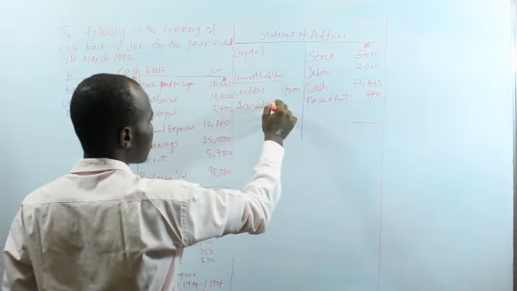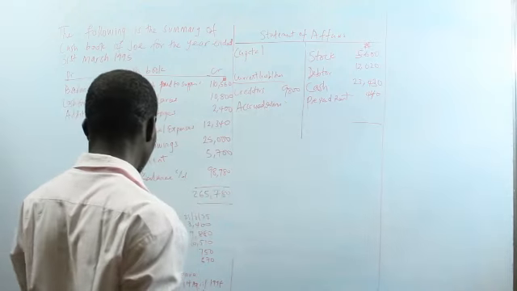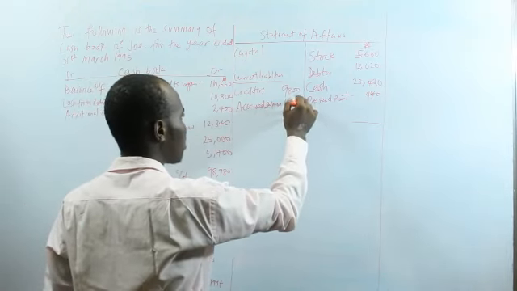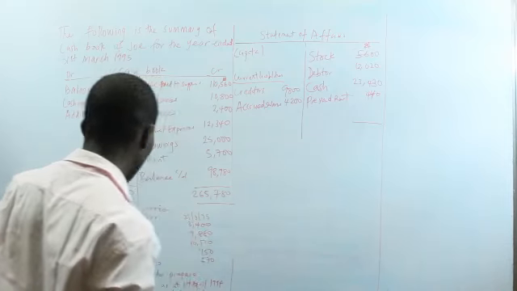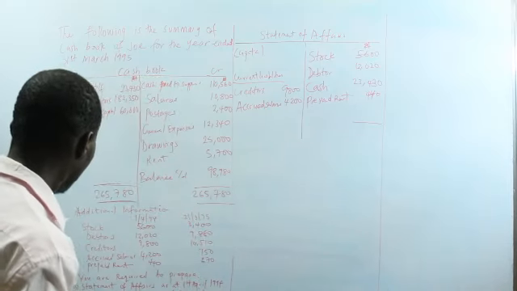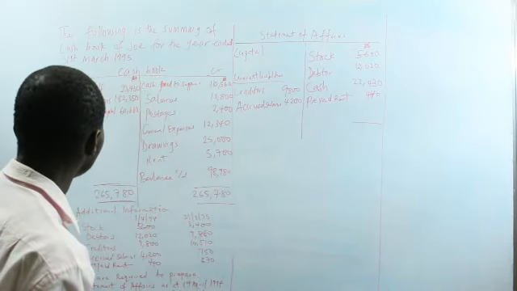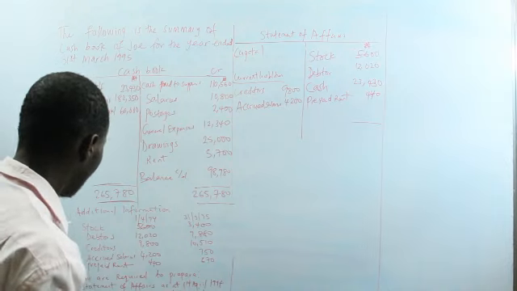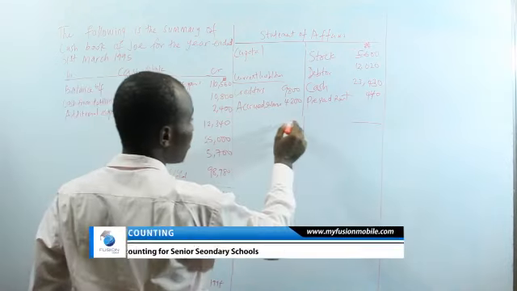Accrued salary is 4,200. What else do we have? Nothing else. So we can just calculate our capital.